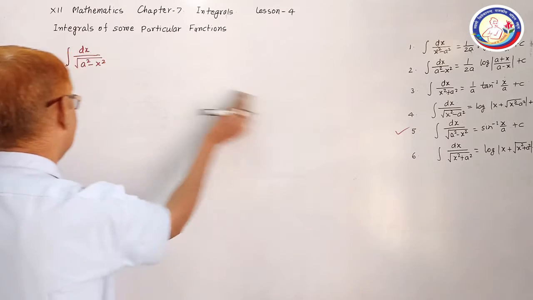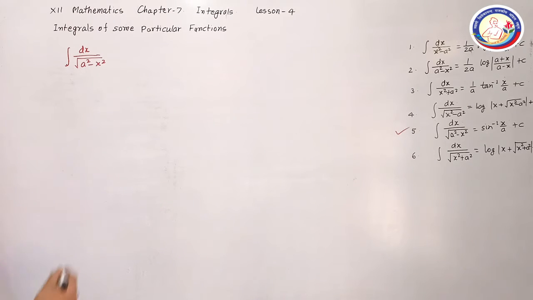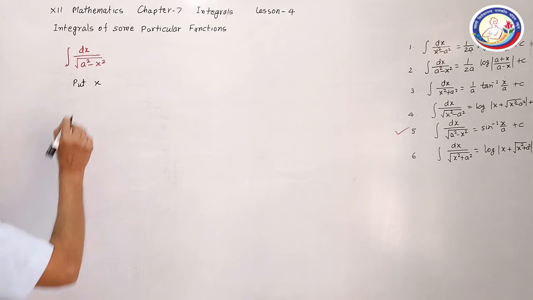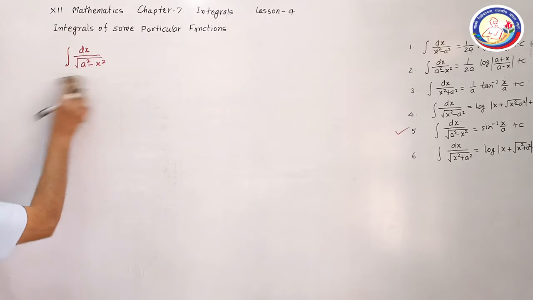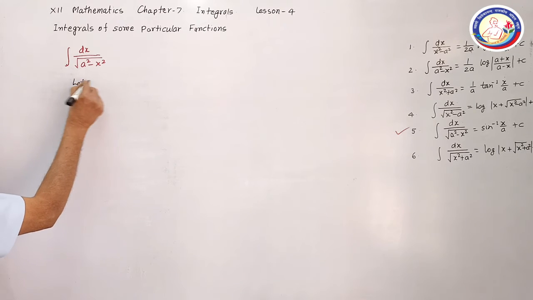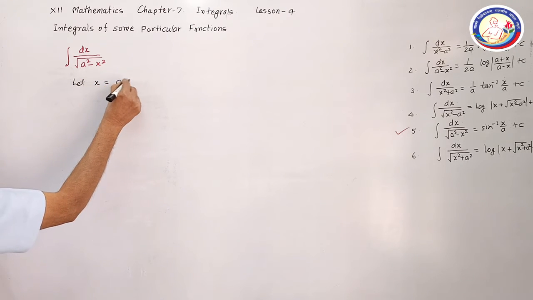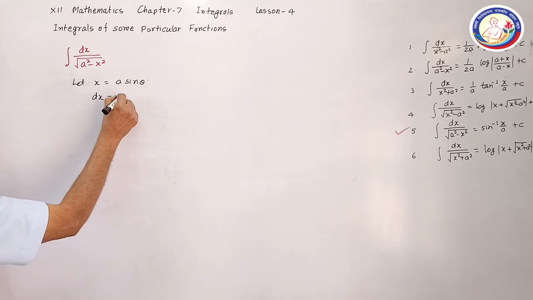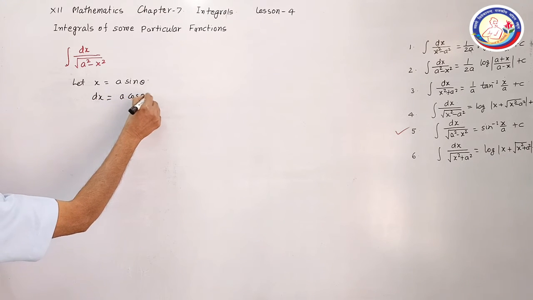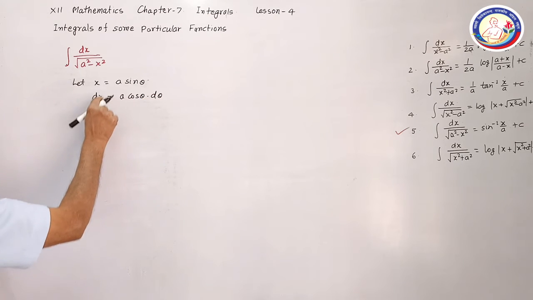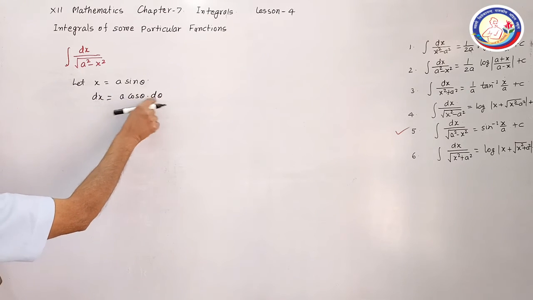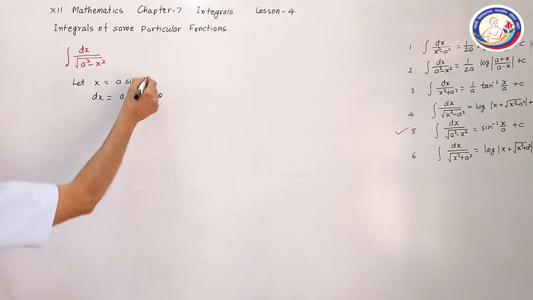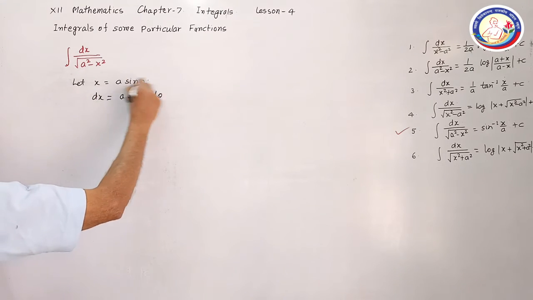So first method, or first way, I am taking x equal to a sin theta, then dx will be a cos theta d theta. Dx by d theta will be a cos theta. And what is theta here?